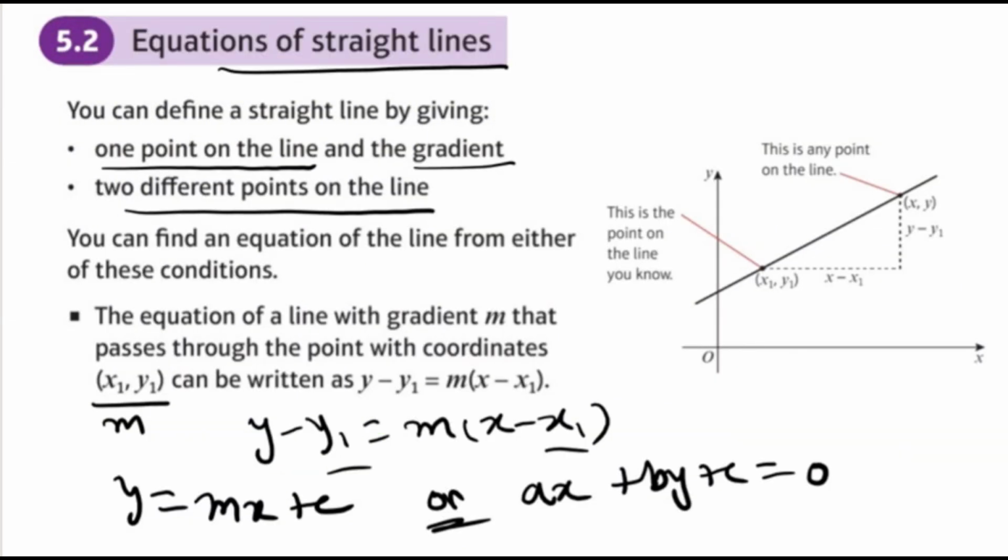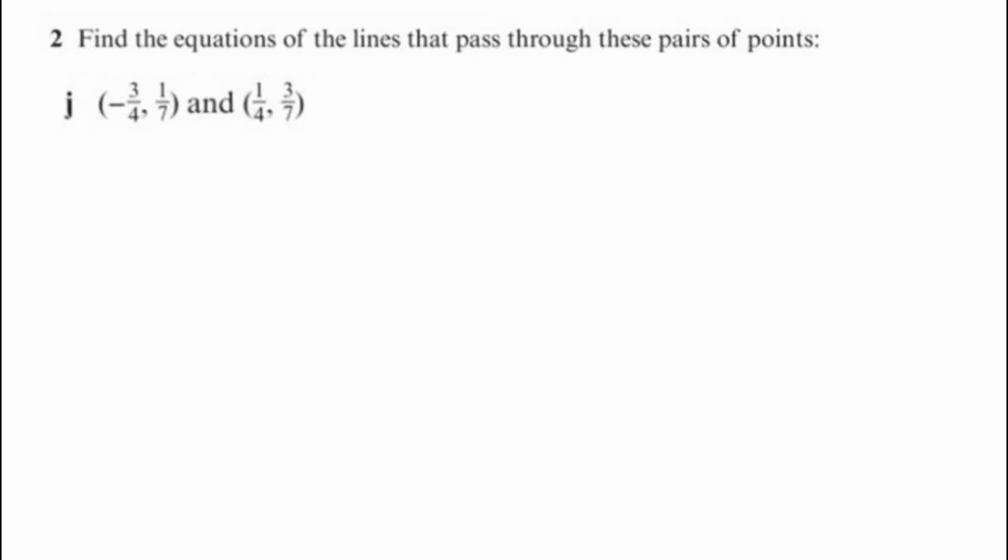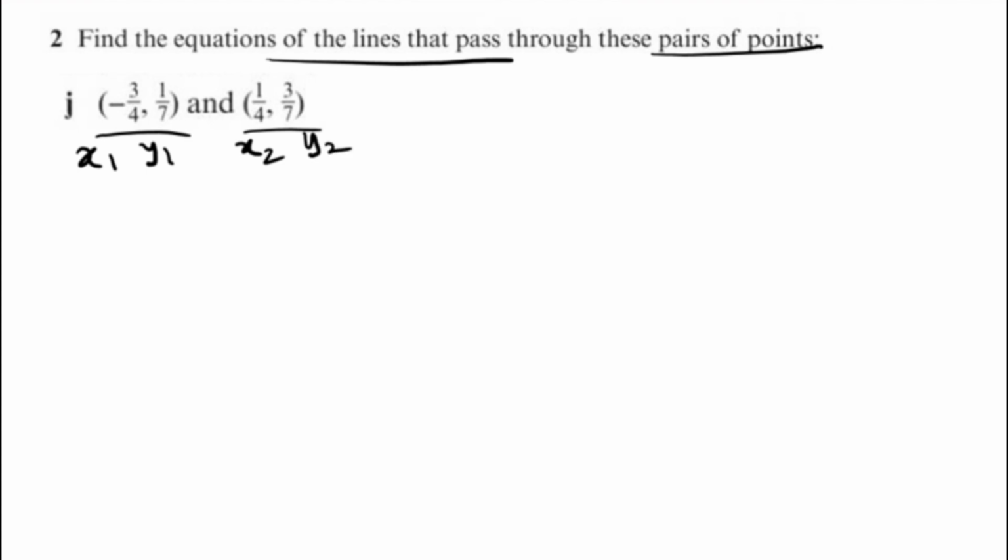Now we will see how we can find the equation of line when two different points are given. Find the equation of the line that passes through the pair of points. So here we don't have a gradient but we have two coordinates. So obviously first we have to find the gradient. Before finding the gradient, the important thing is to label these coordinates as (x1, y1) and (x2, y2), so you can avoid mistakes when picking the coordinates.